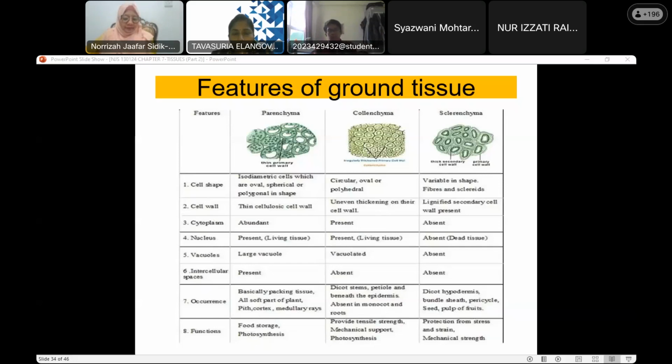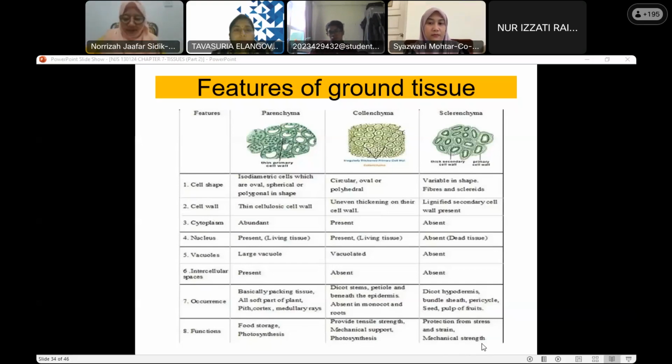Now we look at the functions. I have also mentioned just now the functions of parenchyma: food storage and the photosynthesis process, whereas collenchyma provides tensile strength and mechanical support, and also photosynthesis, and sclerenchyma provides protection from stress and strain and mechanical strength.